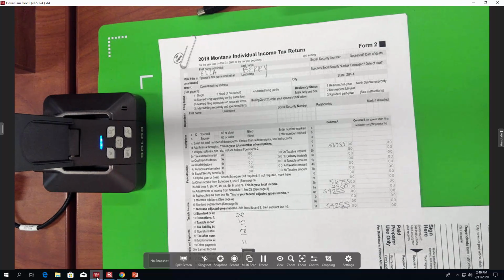Montana has an exemption, feds don't. How else? The tax brackets are way different. How else? Standard deduction's way different. So you don't need to be able to calculate Montana, you just need to be able to speak to it.